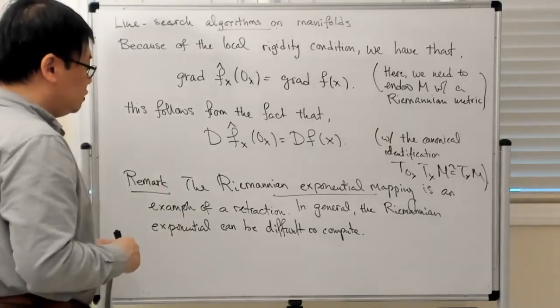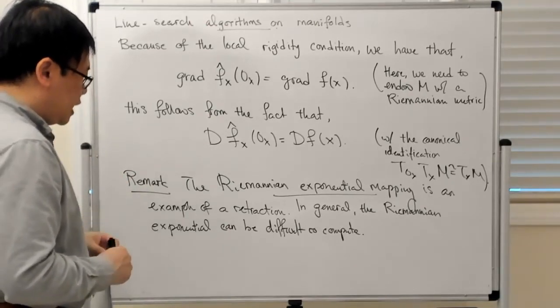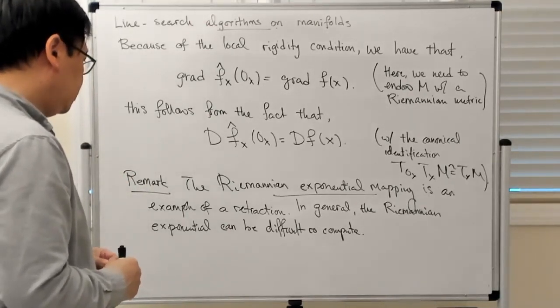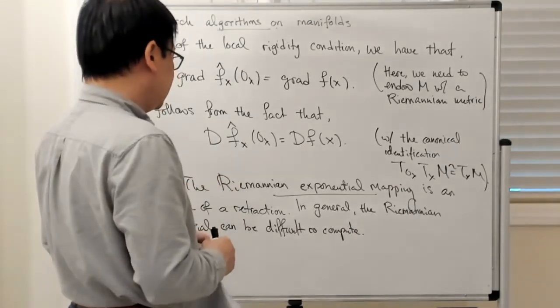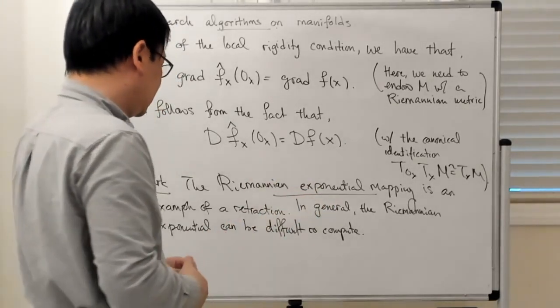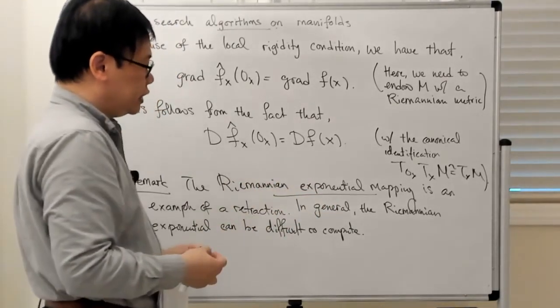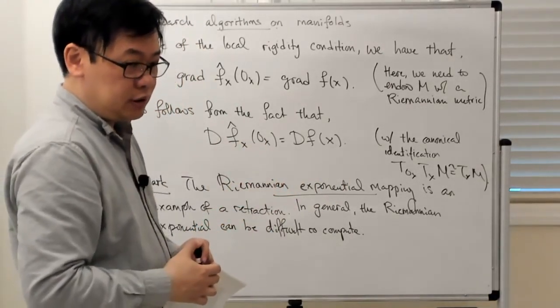Okay, so again, the point basically is that there always is a retraction, but the canonical choice of retraction, which is this Riemannian exponential mapping, is in general difficult to compute.